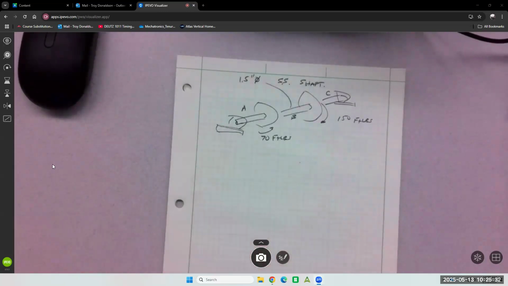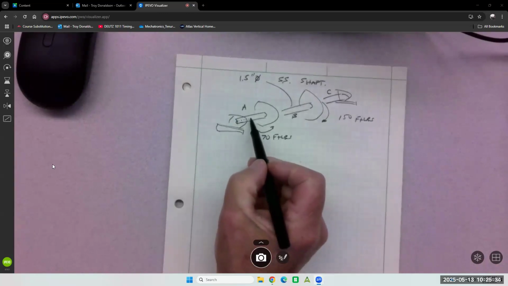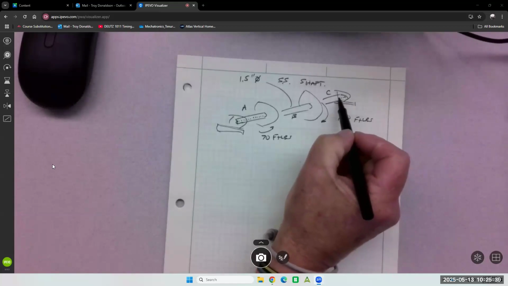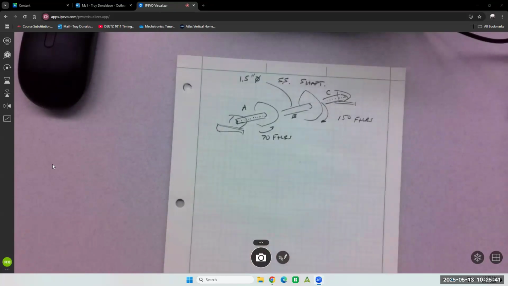So all along here, traveling all along here in the shaft, there's no torsion. Same with out here. No torsion, it's just free to spin. There's no load. I mean, I'm sure there's a little drag in the bearing, there always is, but very little. Like not even probably a foot-pound out there, right?